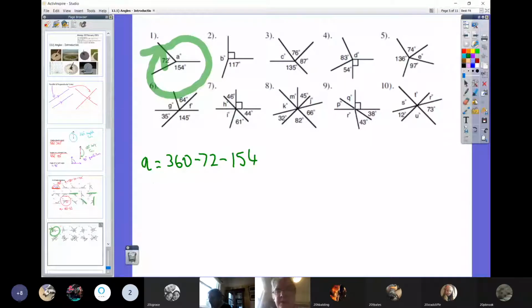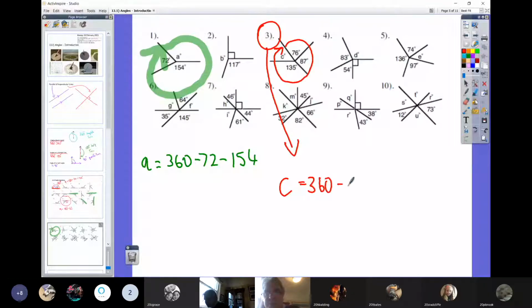Let's have a look at question 3, for example. How would we work out what C is? Well, all the way around has to add up to 360. So C is going to be 360, take away 76, take away 87, take away 135, whatever that is.